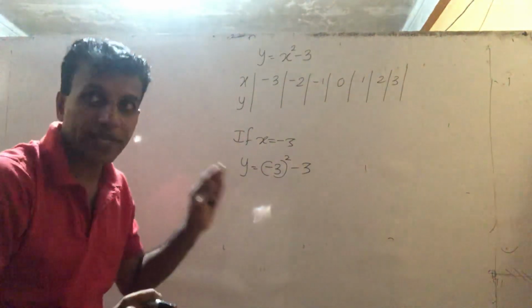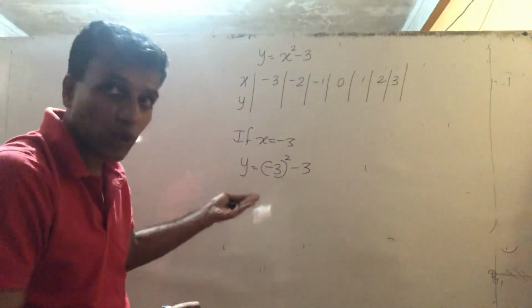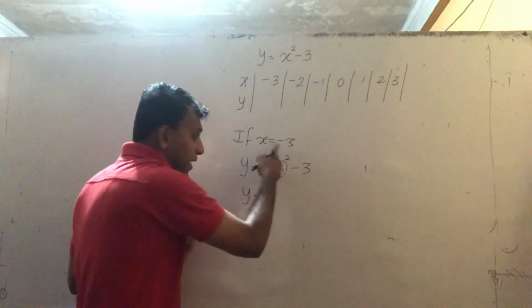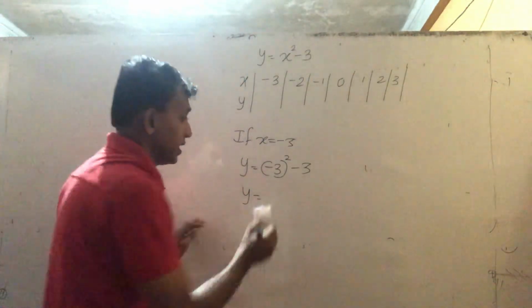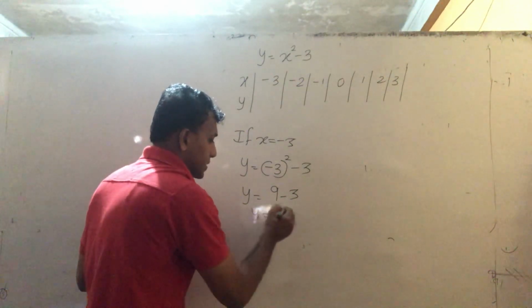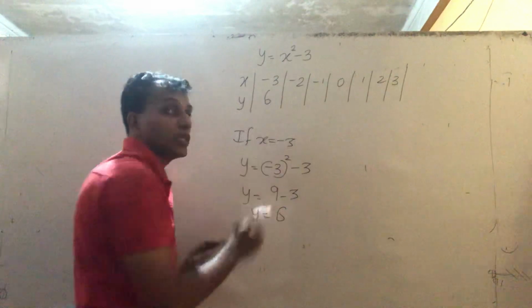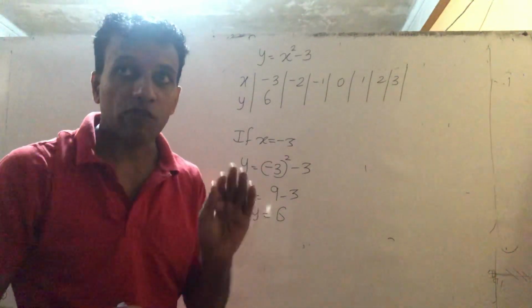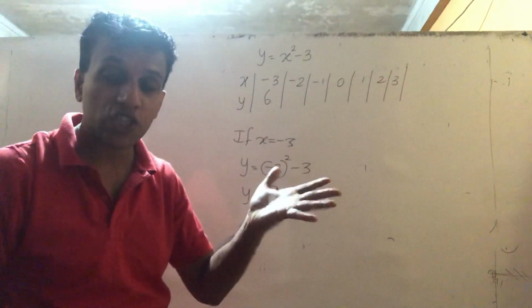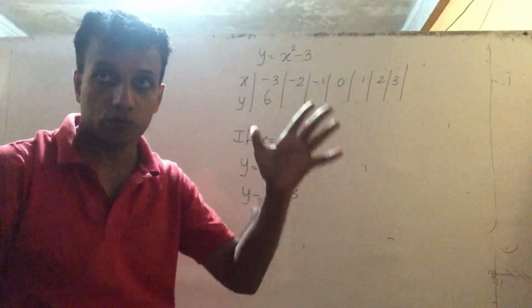Minus 3 square is plus 9, so y equals 6. The table is very important. If you get one value wrong, say minus 6 here, it becomes a different shape, a different curve, not under the syllabus.